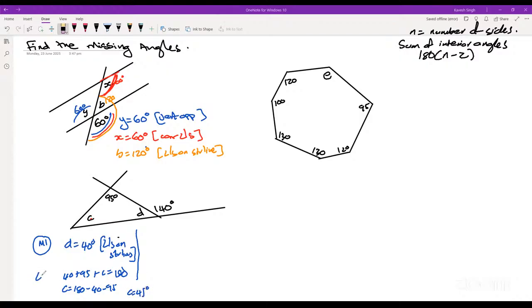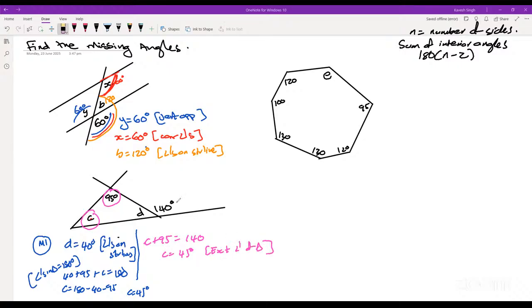Angles in a triangle equals 180 degrees would be the reason. Method number 2, I use the exterior angle of a triangle, and I go c plus 95 equals 140. And so c equals 140 minus 95, which is 45. And the reason is just a little different: exterior angle of a triangle.